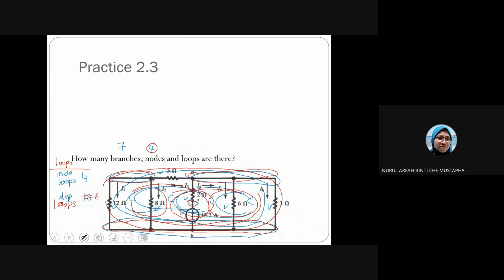Can we verify with the theory? Next one. So the loops are the independent loops, which is only 4. Yes, that's good.